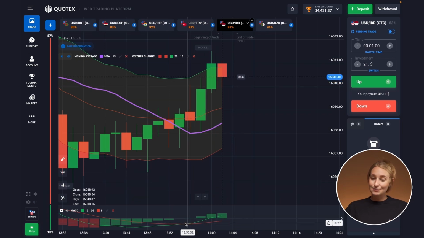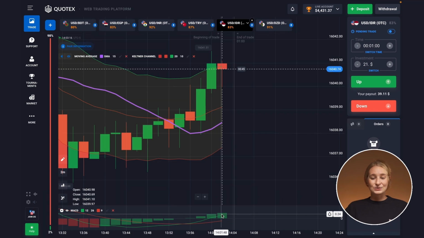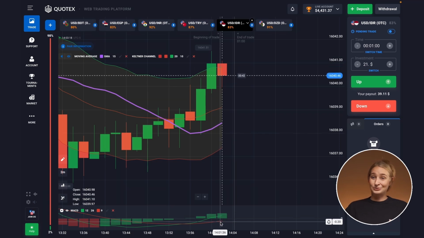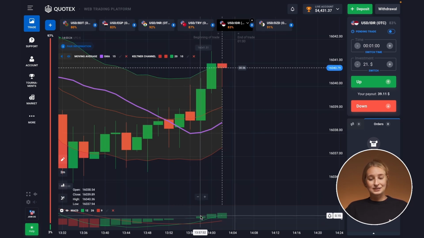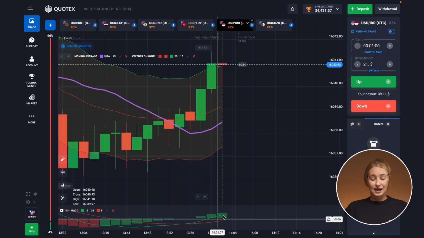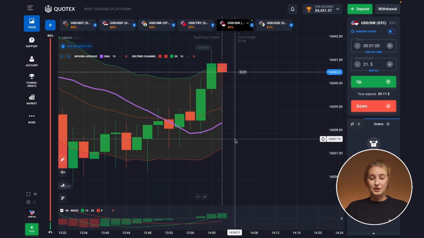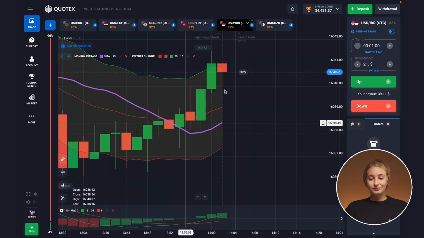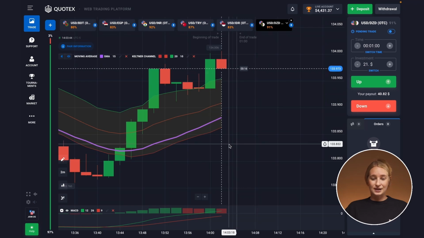Secondly, the MACD indicator showed me that after this intersection the green line is going up and is above the red one. Also, if you look at the bars of the MACD indicator, you will see that I was working with 3 green bars that are above the level of 0.